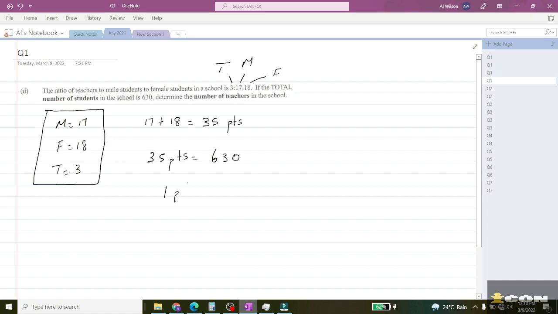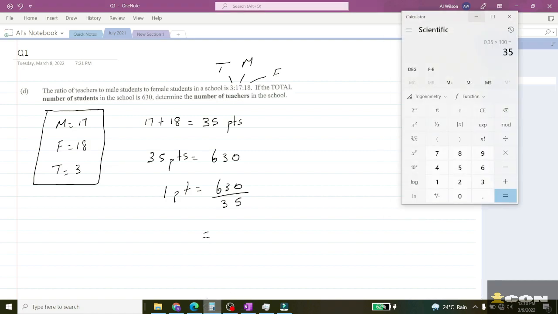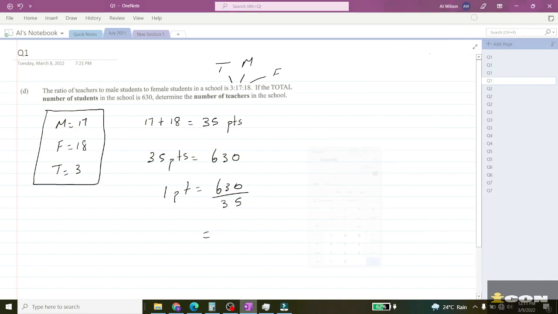So one position is going to be equal to 630 divided by 35, and this is going to be equal to 18. So one position is equal to 18. Now, from what we understand, we have 3 positions for teachers.